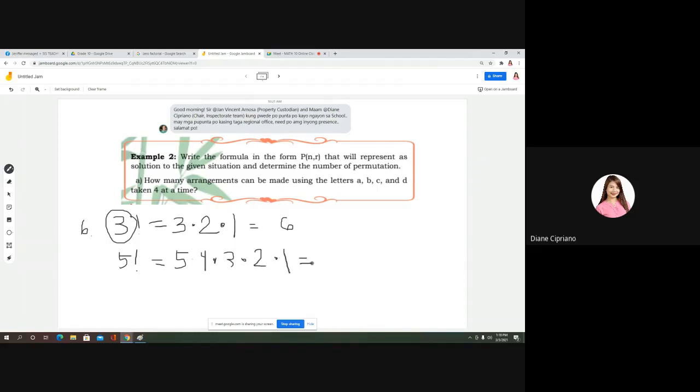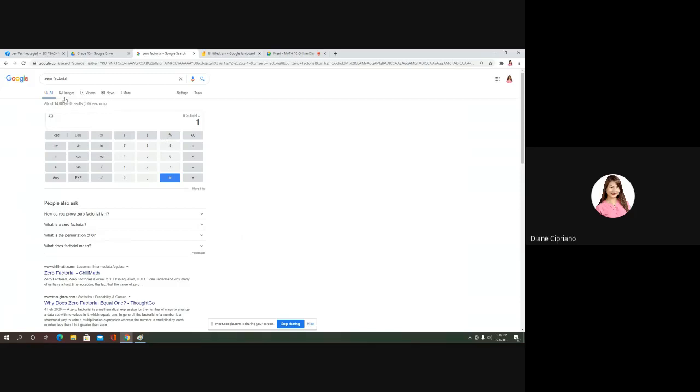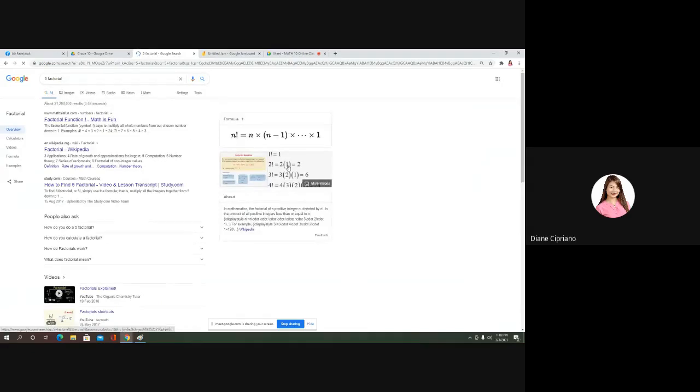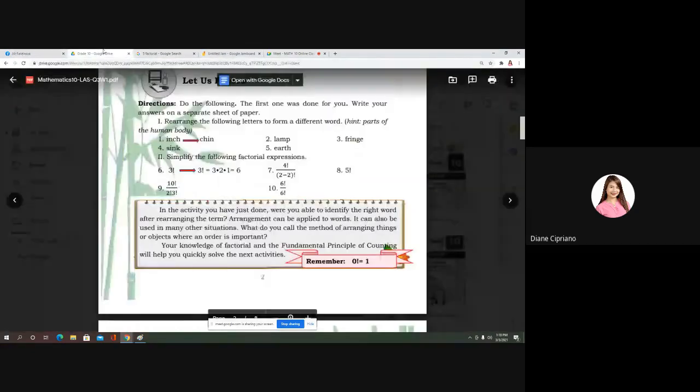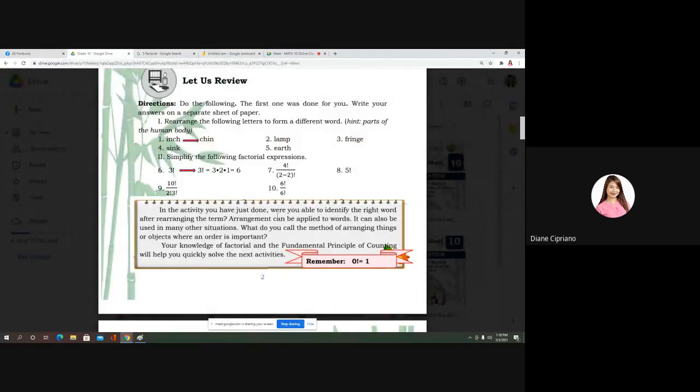And it is equal to what? 120 po. Is that correct? Let us check. So 5 factorial is equal to 120, right? Ayan o. Okay, next. So as easy as that, ganun lang po tayo mag-evaluate at mag-simplify ng factorial.